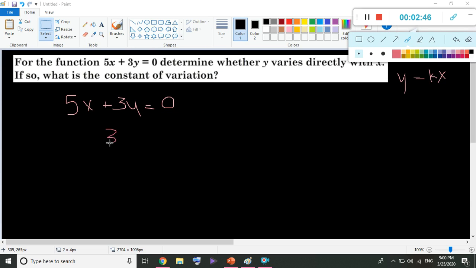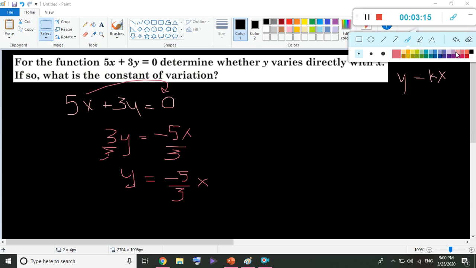It's going to be 3y, and we're going to move 5x over there, so it's going to be equal to negative 5x. Now we're going to divide by 3 here and divide by 3 here. It's going to be y equals negative 5 over 3 x.